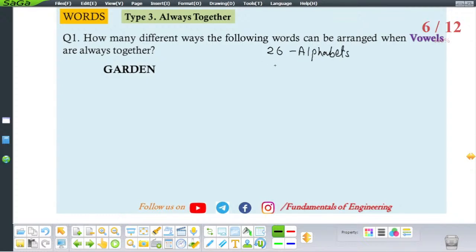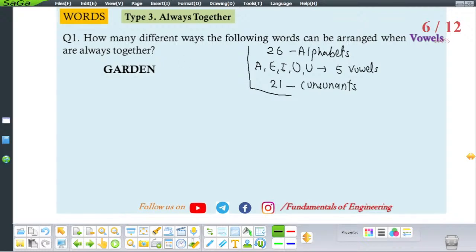Among them, A, E, I, O and U are the 5 vowels, and the remaining 21 are consonants. So first remember this: 5 vowels and 21 consonants.